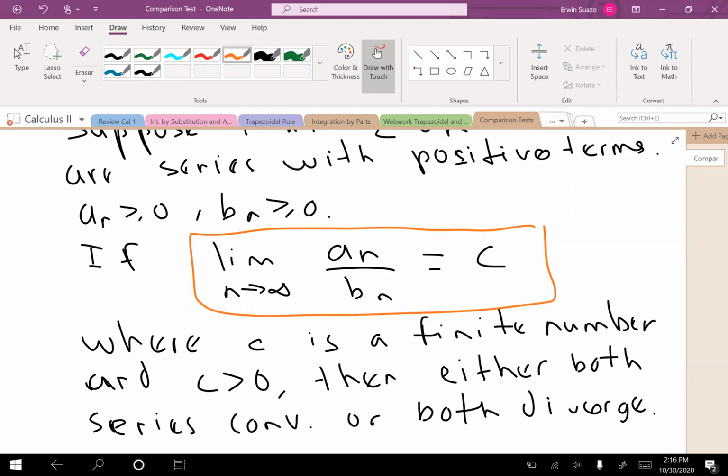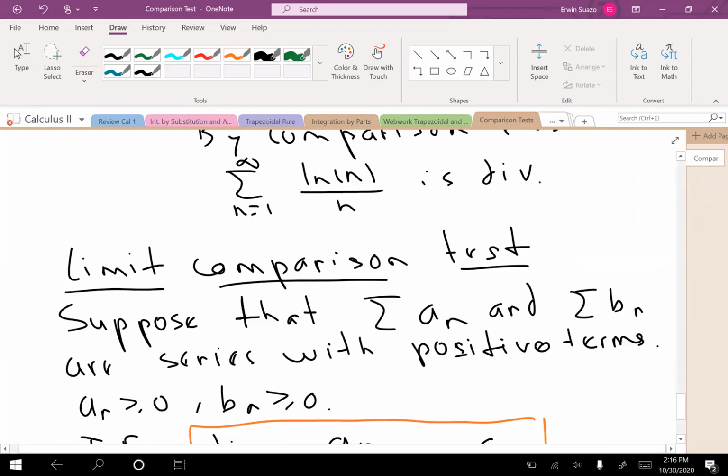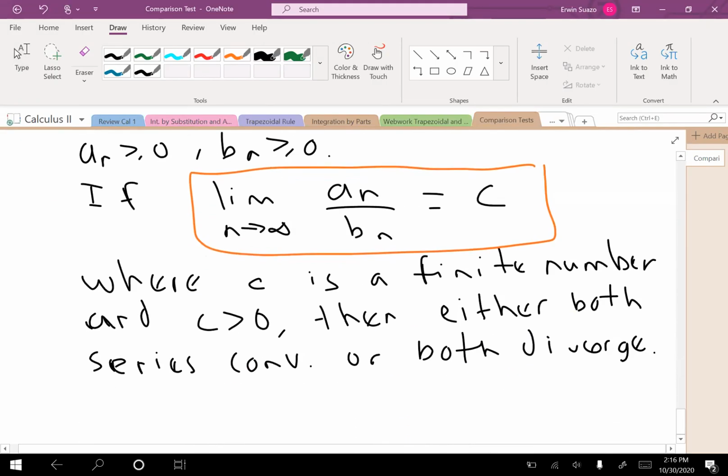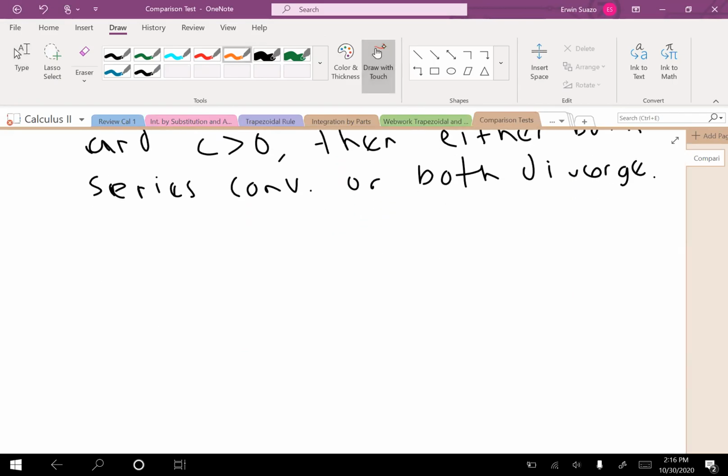So let's test ourselves. Can we solve the one that we just solved using limits or not? Let's see what happens.